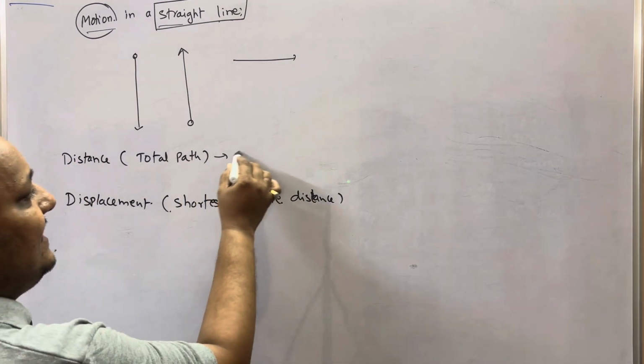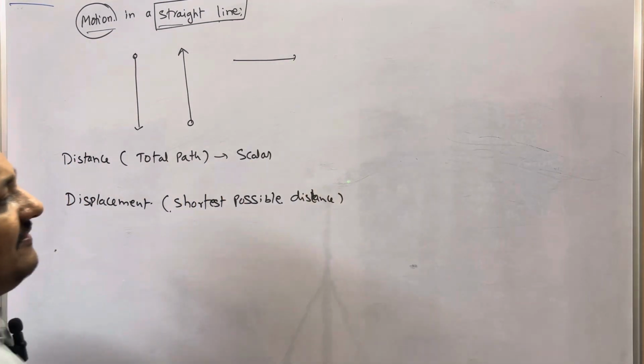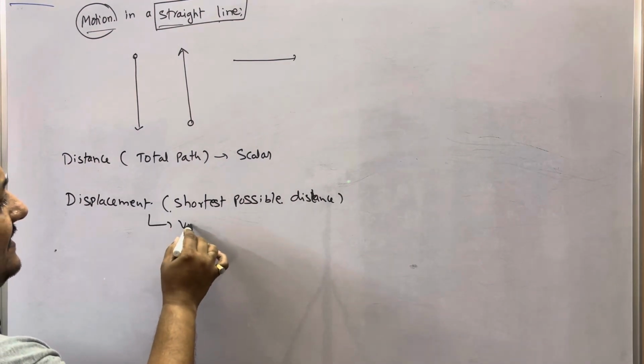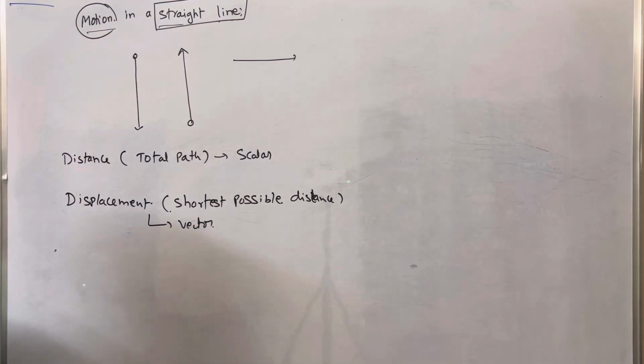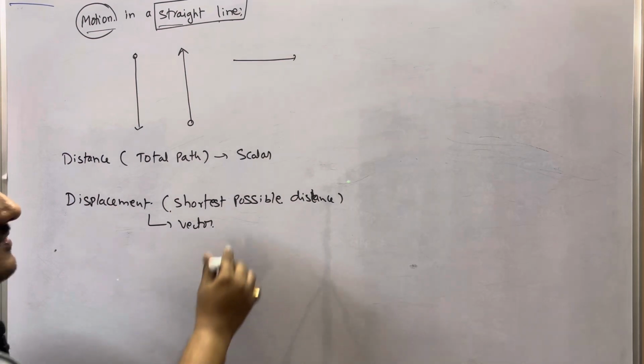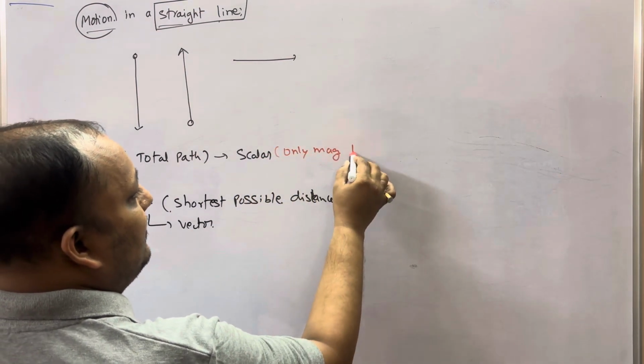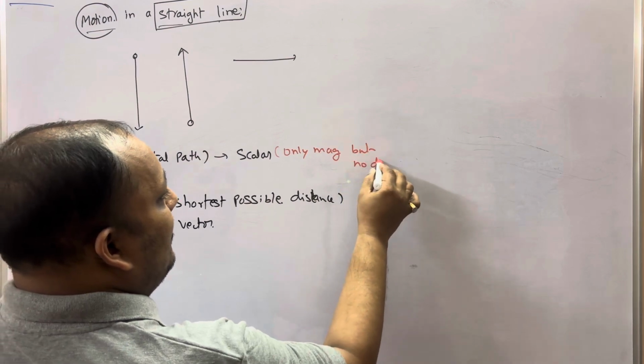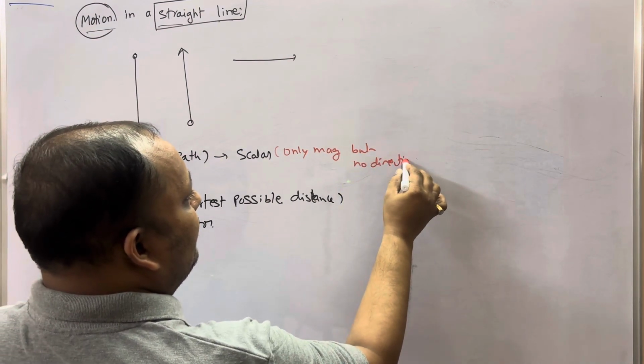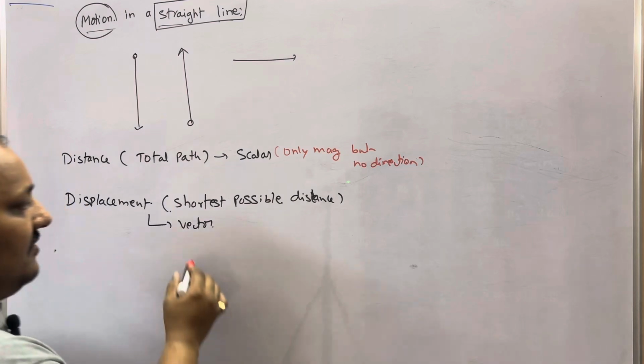So distance is a scalar quantity, we will say. Displacement is a vector quantity. So again, what is scalar? Which has only magnitude but no direction. What is a vector?